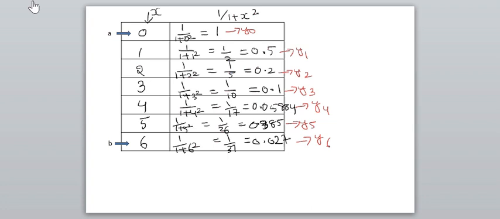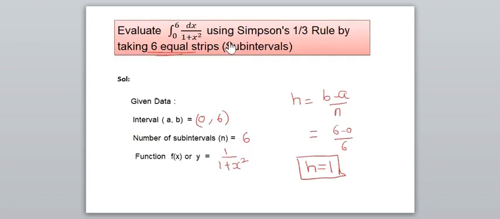Now in the given question, we are supposed to apply Simpson's one-third rule. So first, let me write Simpson's one-third rule formula. You can easily remember the Simpson's one-third rule formula, that is integral a to b f of x dx.